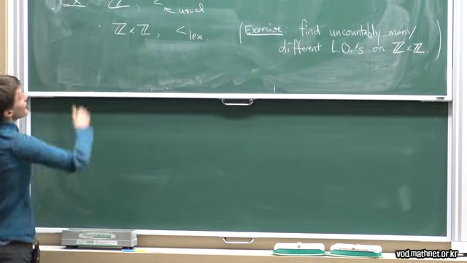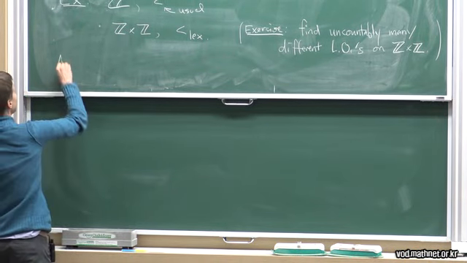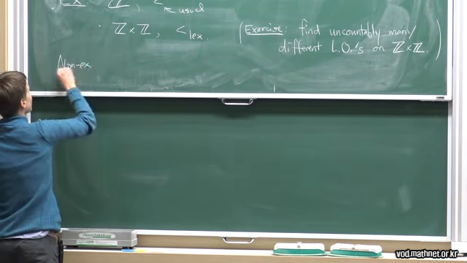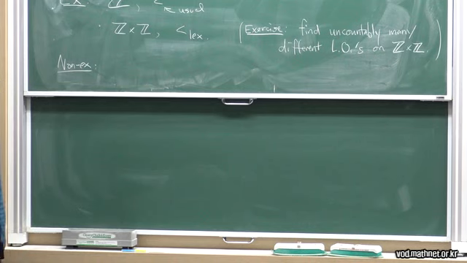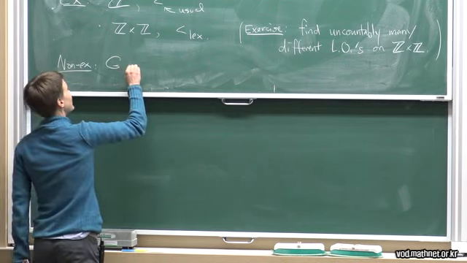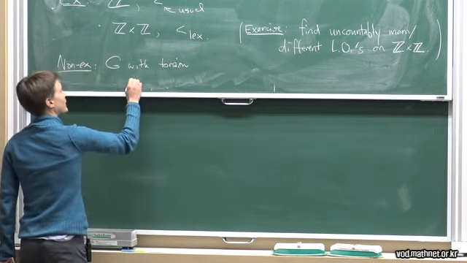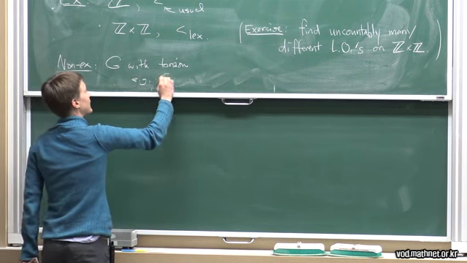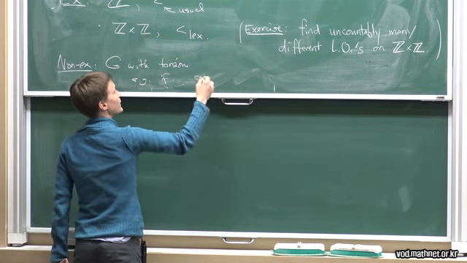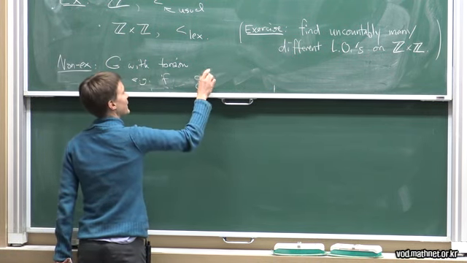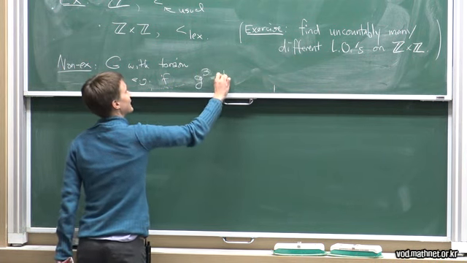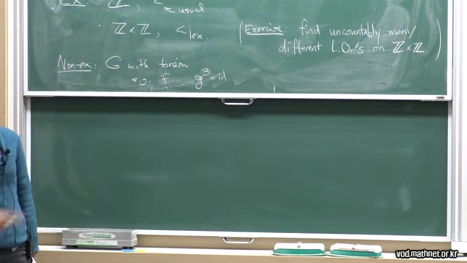Oh, maybe I should give you a non-example. Not every group admits one or many of these. Any group with torsion, with a finite order element, will fail to have this. For example, if some element in your group satisfies, let's say, g cubed is the identity, then this will break right away.